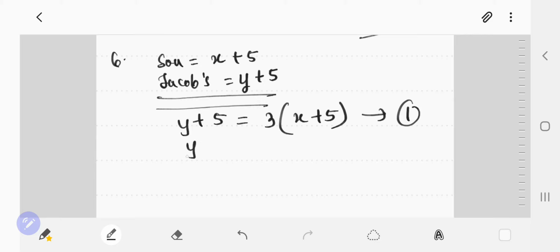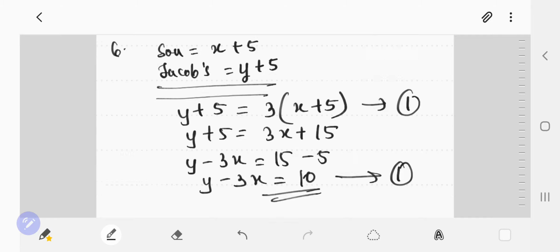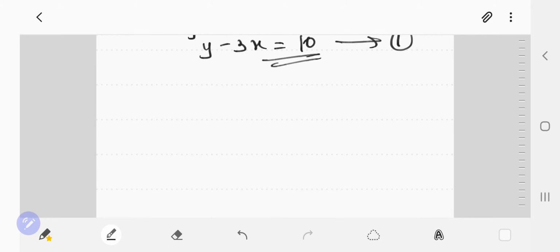Yes, my dear kids, you have to open up the bracket and get a nice linear equation, that is, your variables on one side and your numbers on the other side. So that will make your equation as this. That will be called your exact equation number 1. Then further it says, 5 years ago, Jacob's age was 7 times that of his son.